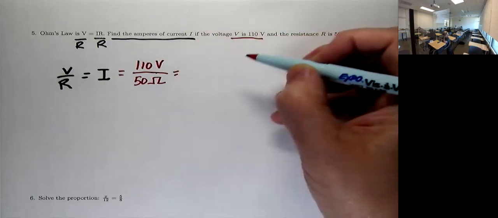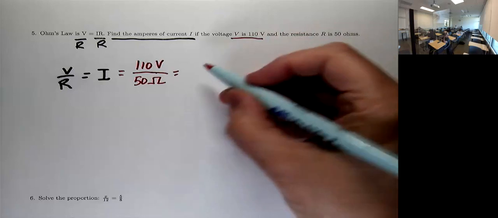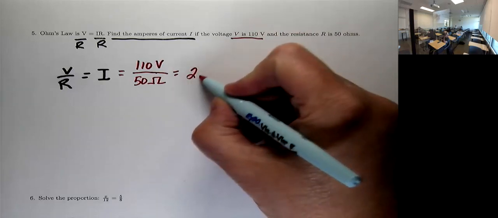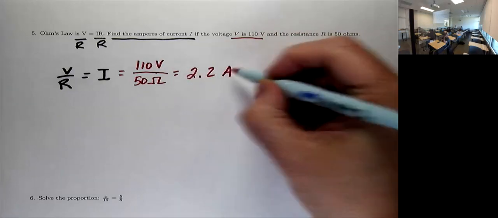If I do 110 divided by 50, I get 2.2 amps.